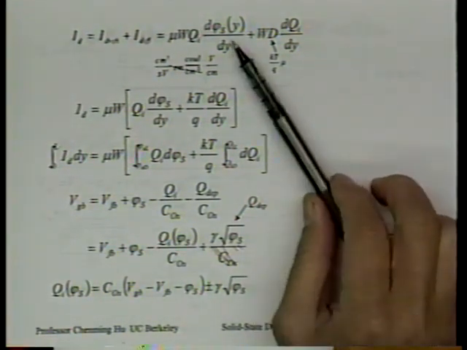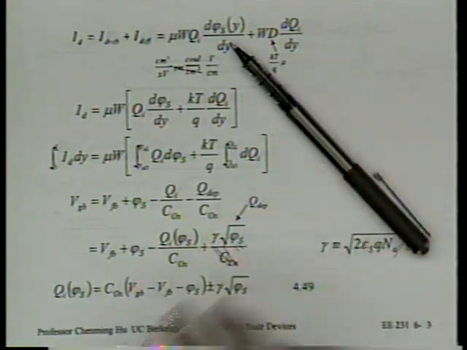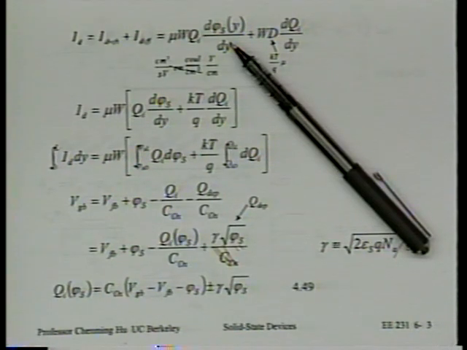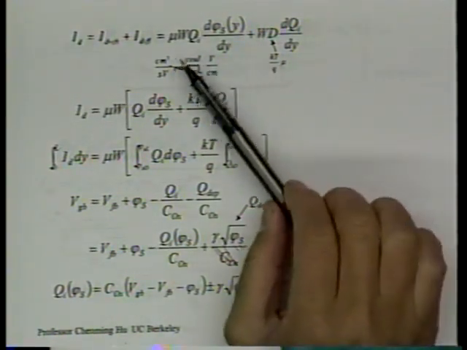But here we go back to a quantity that we emphasized in chapter 3, phi s, because we certainly understand what that phi s is. Phi s is potential right at the surface. Is that right? Okay, so we're going to explicitly emphasize phi s. And later we'll relate this phi s to Vg. Okay, we know how to relate those two. So that's the drift term.